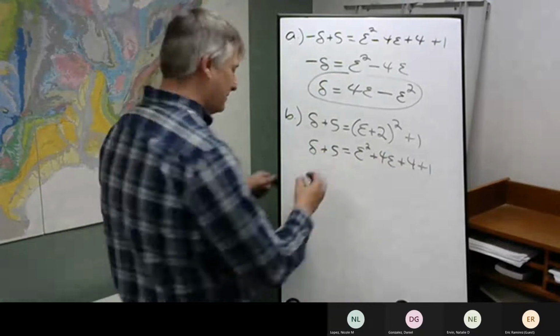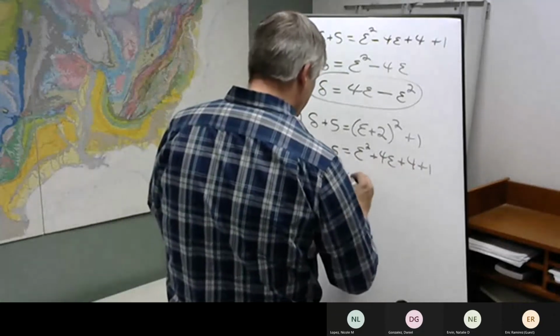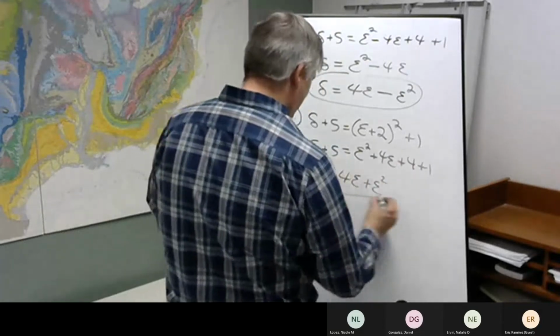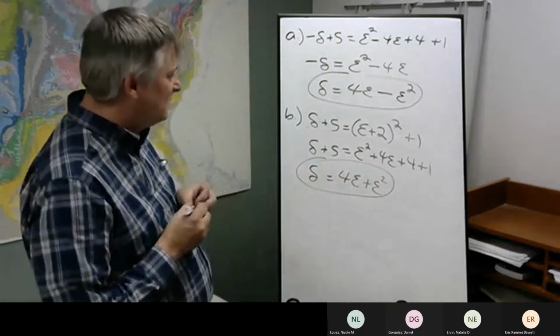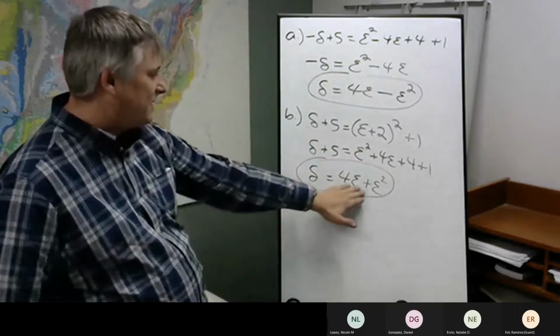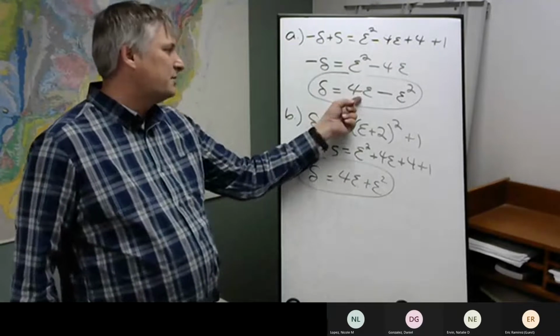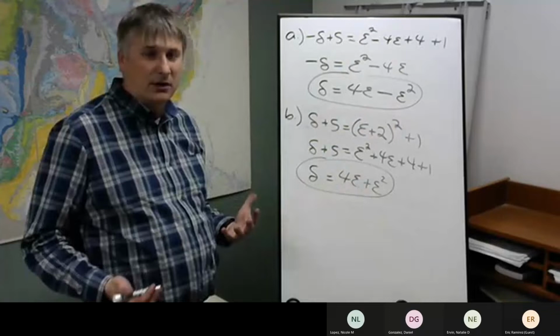We're going to subtract 5. We'll get, and then they're both positive, so we can just call it 4 epsilon plus epsilon squared. Or epsilon squared plus 4 epsilon, either way. But writing it like this, we can see 4 epsilon subtracting something, 4 epsilon adding something. What's going to be larger?